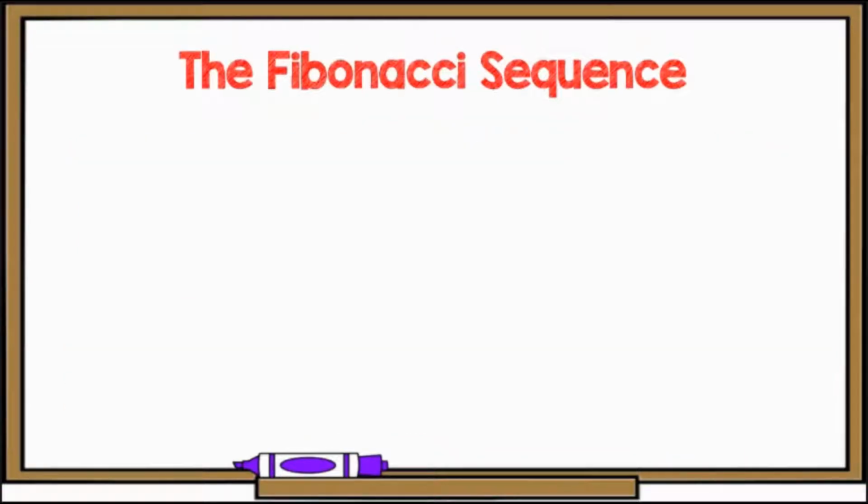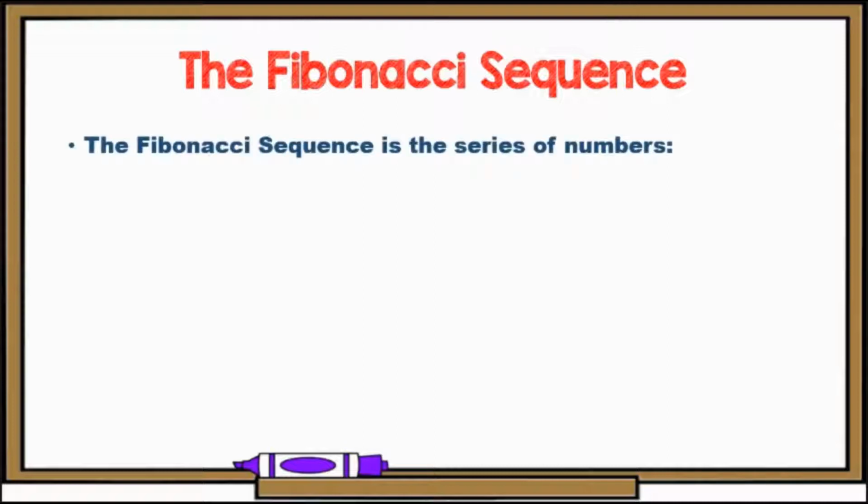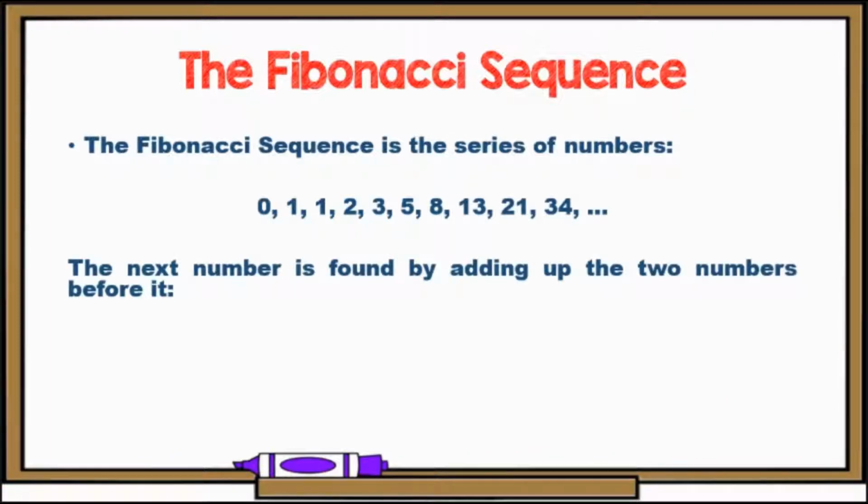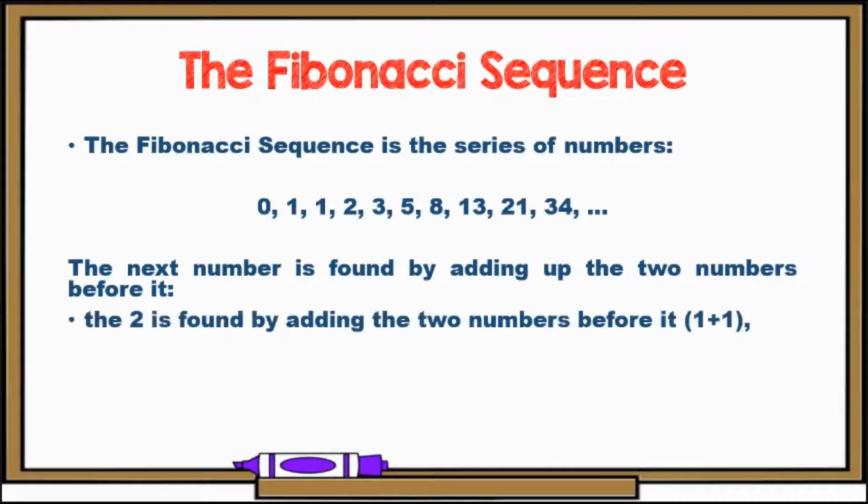The Fibonacci sequence is the series of numbers that goes like this: 0, 1, 1, 2, 3, 5, 8, 13, 21, 34, and so on. The next number is found by adding up the two numbers before it.